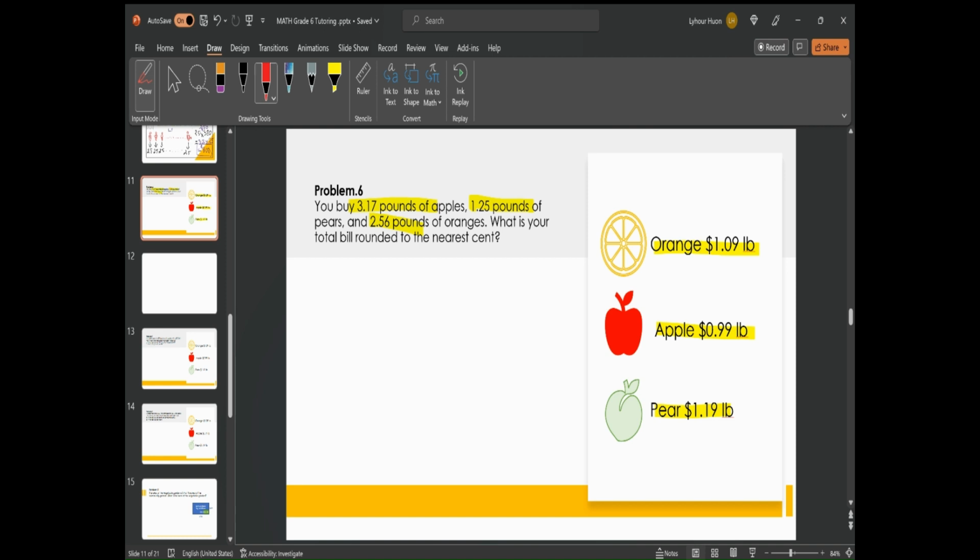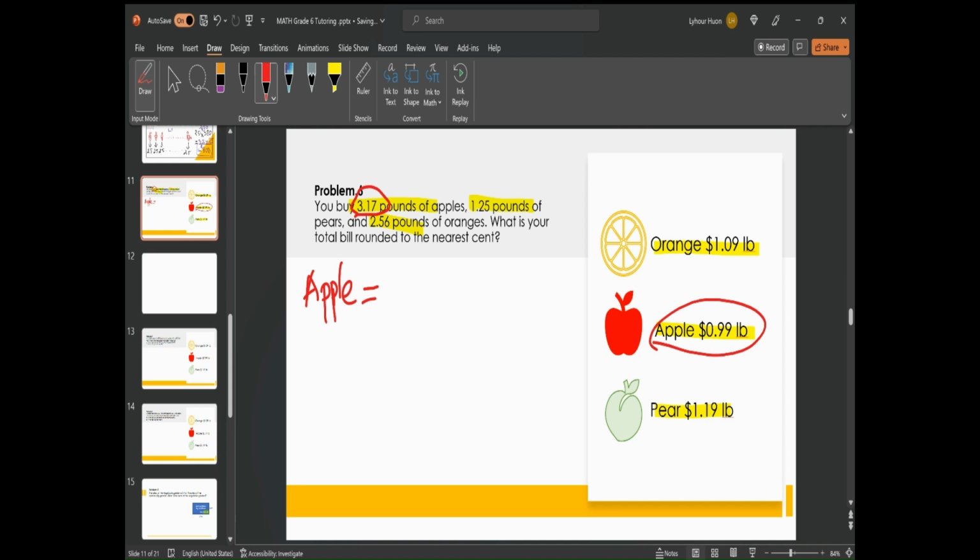Okay, so first, to find the apple price, when we buy the apple for 3.17 pounds, how can we do it? We know that apple costs $0.99 per pound.